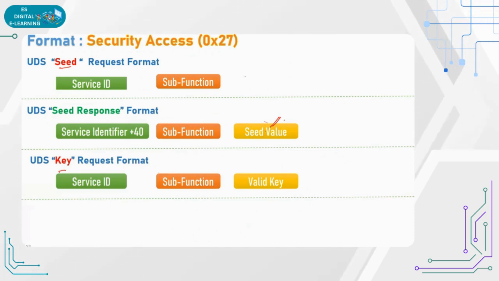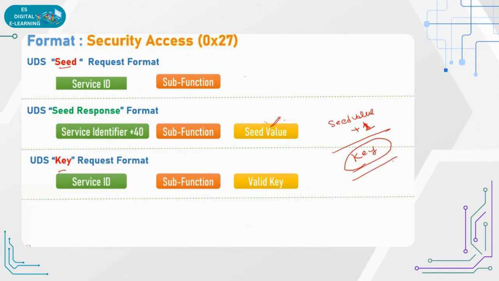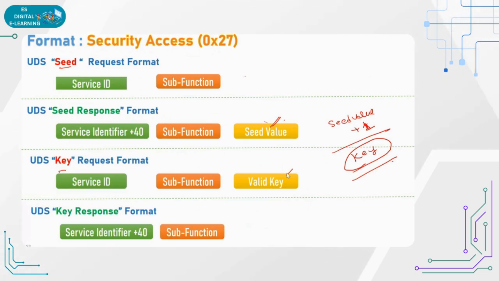It will follow some algorithm on the seed value, and the output is a key. I created a key and I am sending it. After sending this key, I will get a positive response of service ID plus 40 and sub function. These are very important formats you need to remember, the key and seed relations.